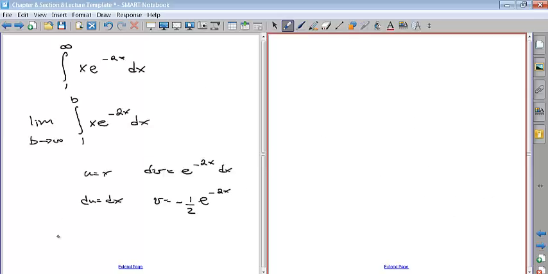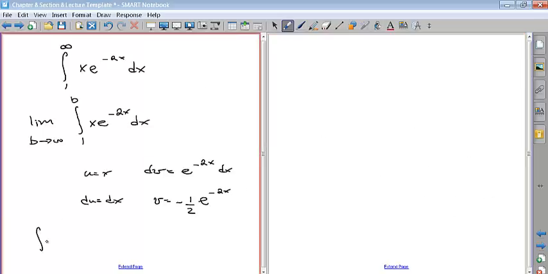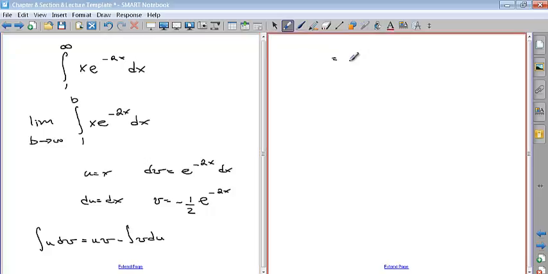So integration by parts says that the integral of u dv equals u times v minus the integral of v du. We're just doing the indefinite integral, and actually, let's put the definite stuff in there. So remember, what we did is you take u times v, and then you evaluate that from 1 to b.